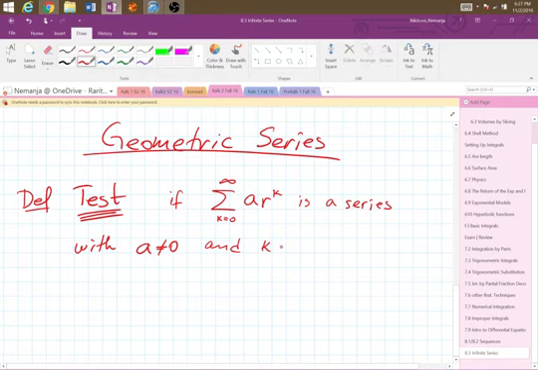And k starting at 0. And I'm going to underline that.